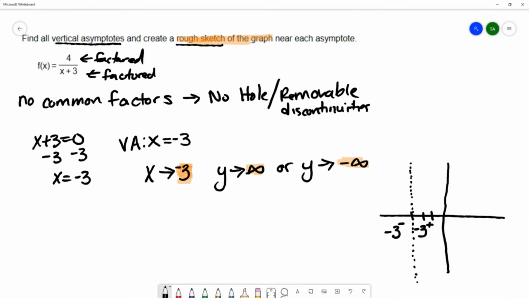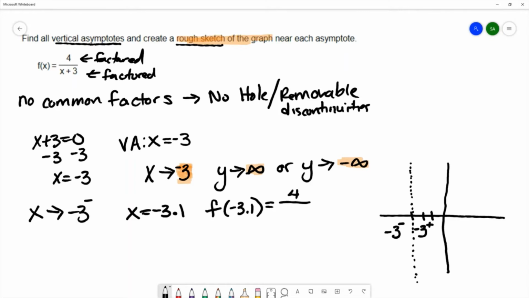So as x approaches -3 from below, I'm going to pick a number that's smaller than -3, like x equals -3.1. This is a number that's smaller than -3. And I'll substitute that into my function and see what happens with the y value.